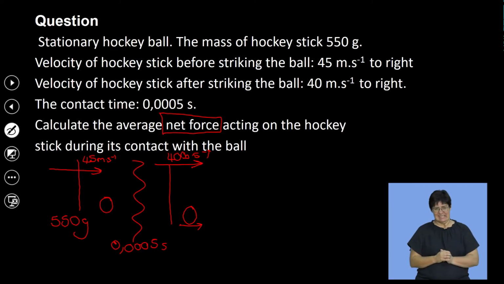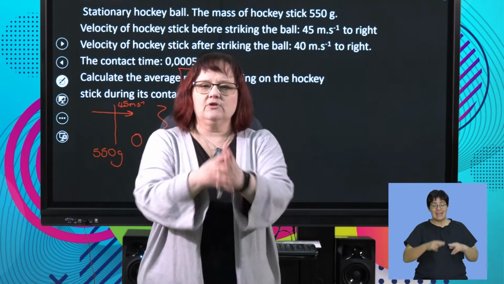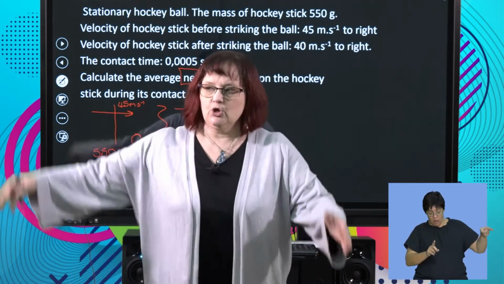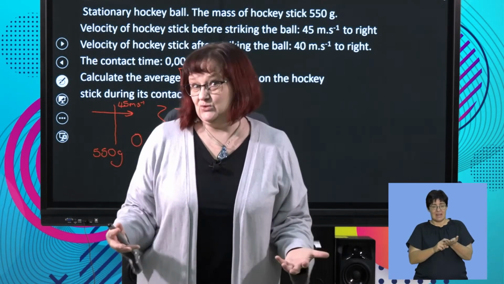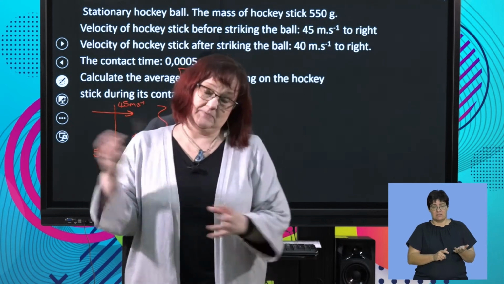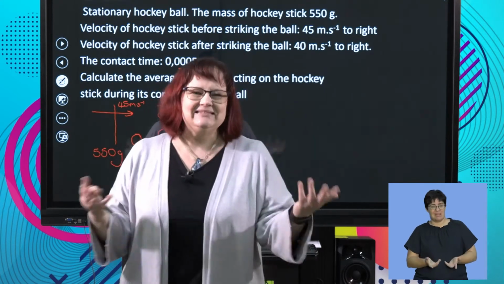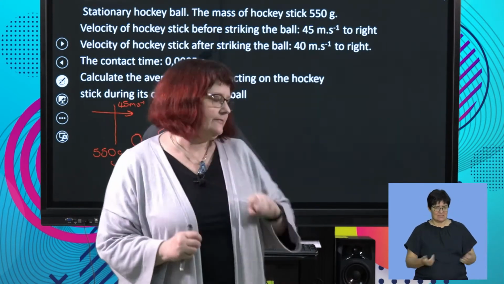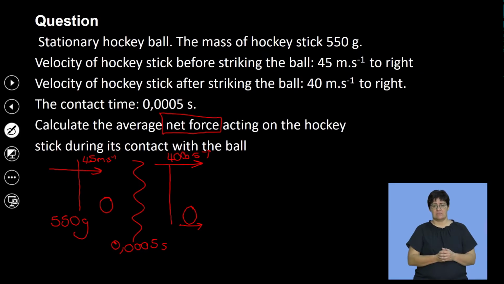I can't actually. The issue here is that the acceleration isn't constant. It all depends on the contact with the stick. And the acceleration is in two directions, essentially, especially when we look at the ball. So, not going to happen. But I know final velocity, I know initial velocity, I know mass, and I know time.